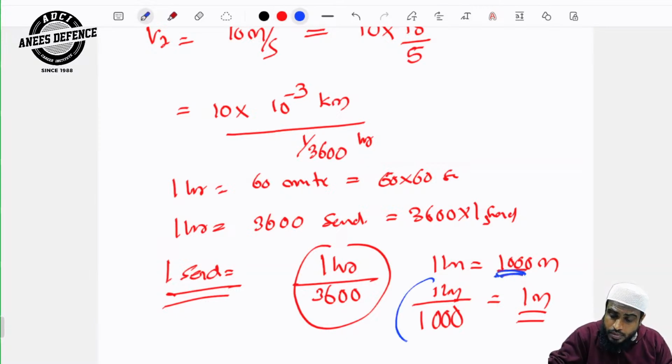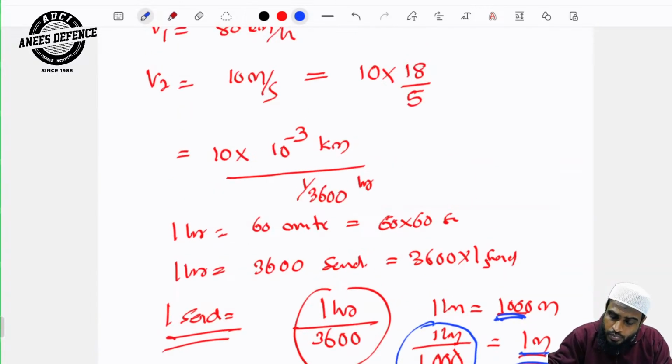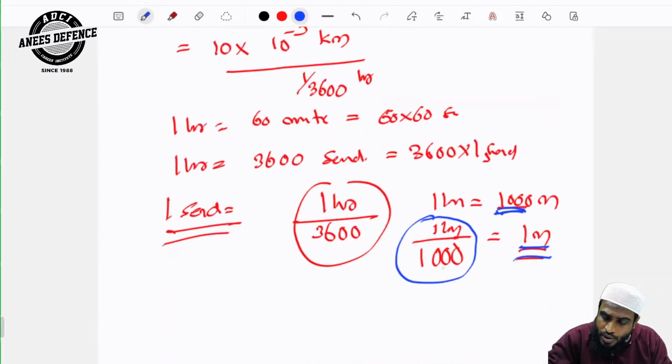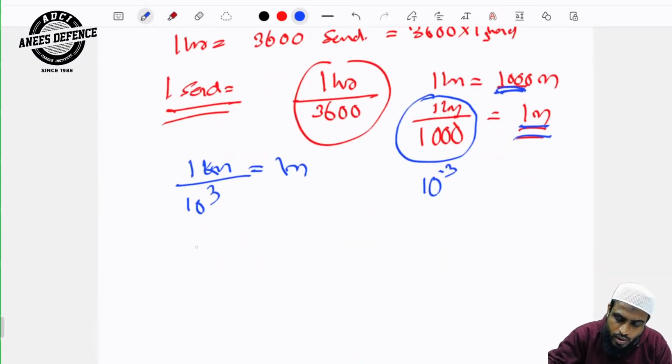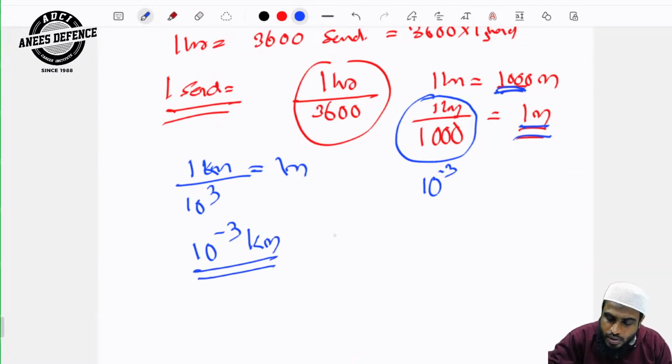So it will come here: 1 kilometer by 1000, remaining is 1 meter. 1 kilometer by 1000 means 1 kilometer by 10 raised to 3 equal to 1 meter. When you take 10 raised to 3 to the numerator, it becomes 10 raised to minus 3. So 10 raised to minus 3 kilometer is actually 1 meter.